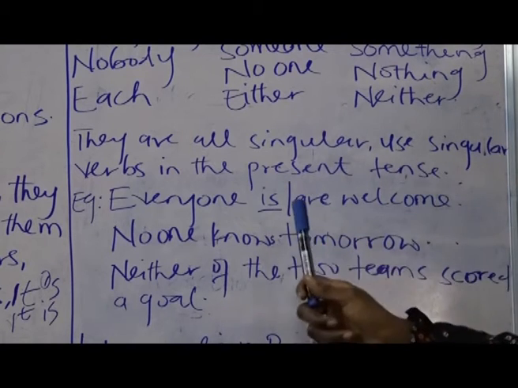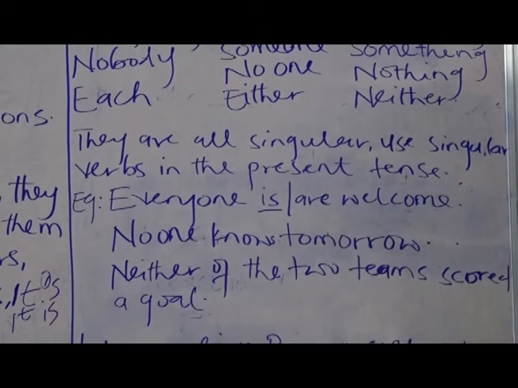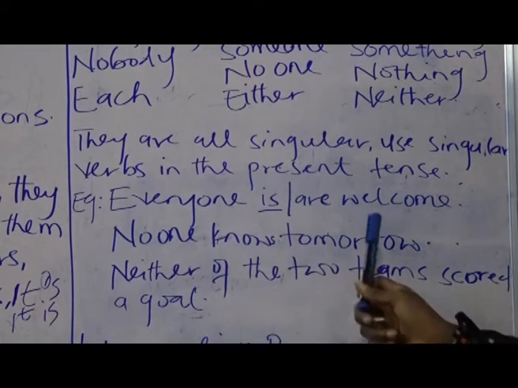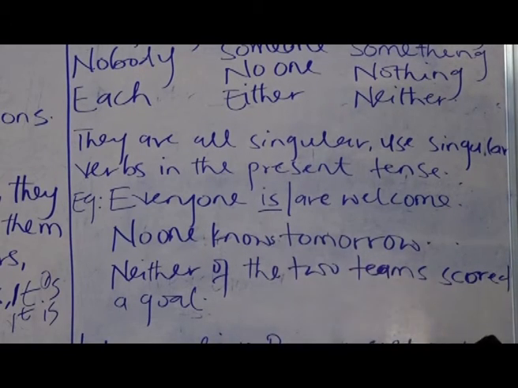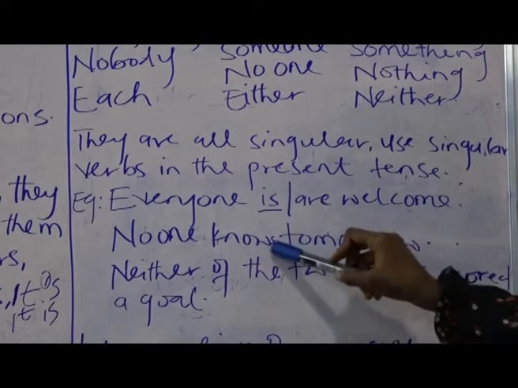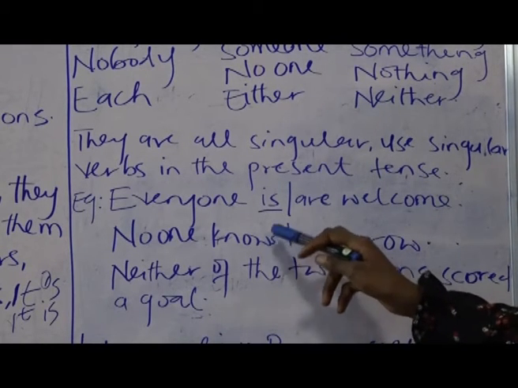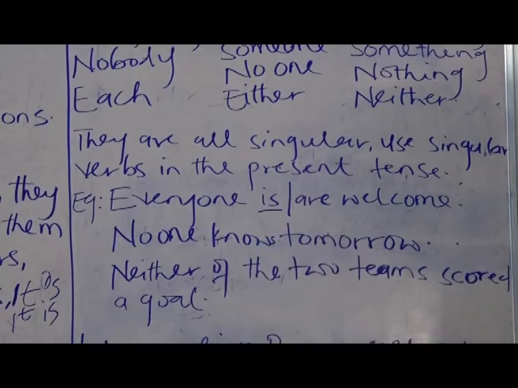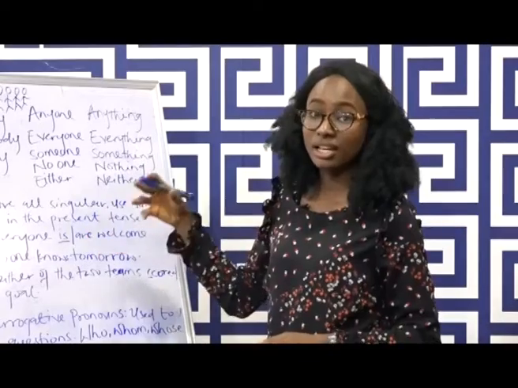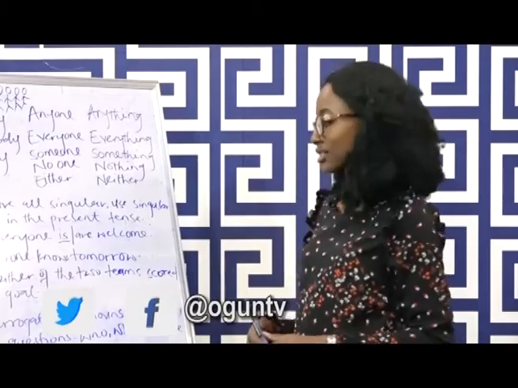If your subject is plural, you have a plural verb. So no one knows tomorrow. This could be confusing because the plural marker s makes it look like we have flouted a rule. But that is not the case. Knows can be used in both the singular and plural contexts.